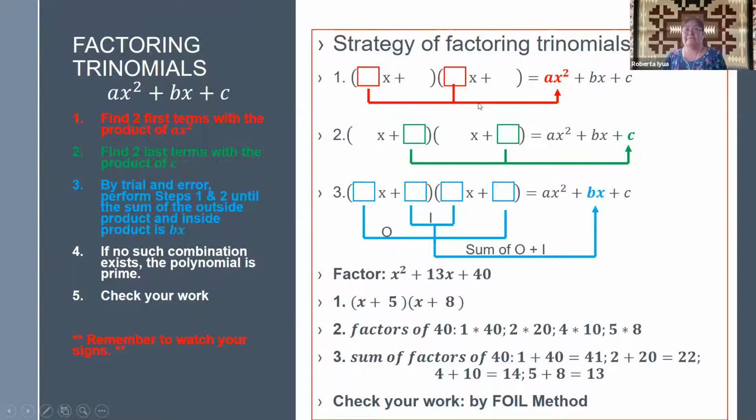I guess like instead of multiplying these out, you're trying to figure those out as you go along, because you're starting with your trinomial instead of the two binomials. So my example is x squared plus 13x plus 40.